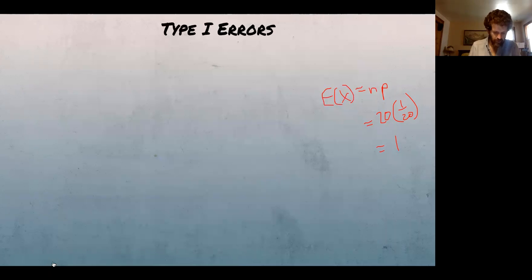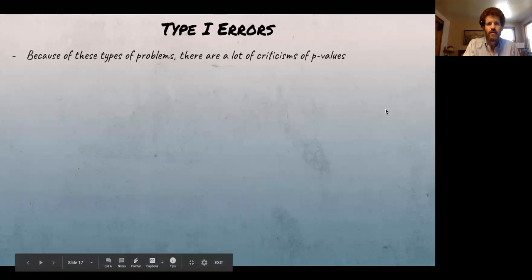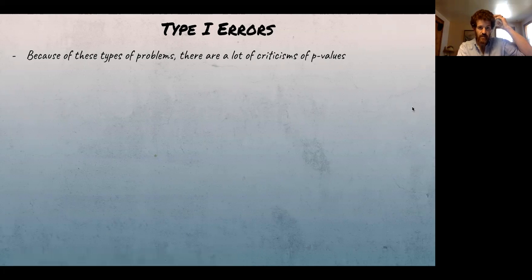So we're going to talk a little bit. Now, it's important to know the difference between type 1 and type 2 errors, and the probability equals the significance level for type 1, all that fun stuff. But now we're going to talk a little bit about the idea of p-values and these inference tests and hypothesis testing in general.